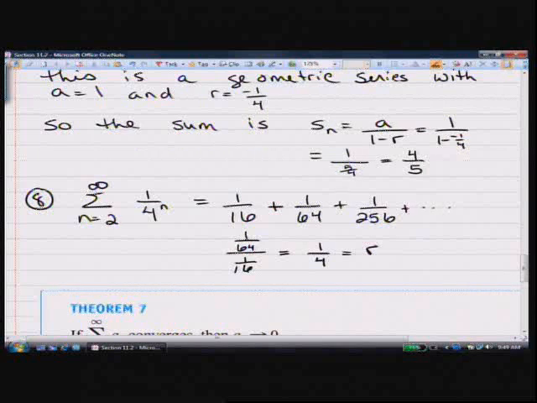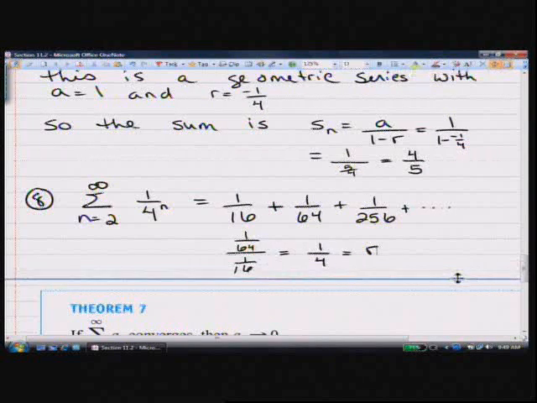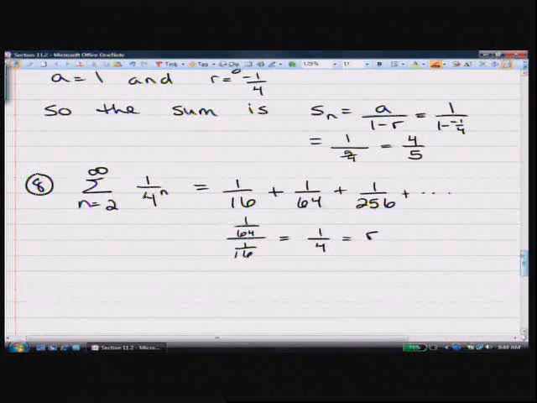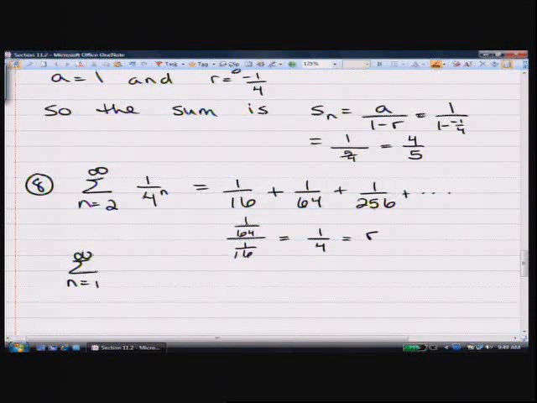And so from that, if that's your R, what is your A going to be if you were to re-index this? If you went from 1 to infinity, your R is 1/4 to the n minus 1, and you want the first term to be 1/16, so you make that 1/16 your A. Does that make sense?